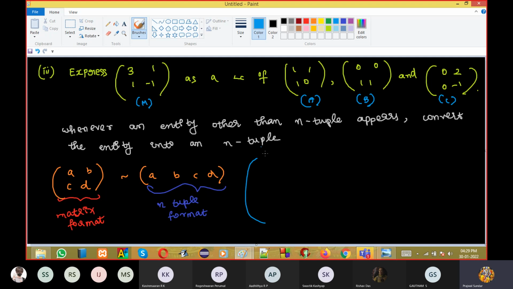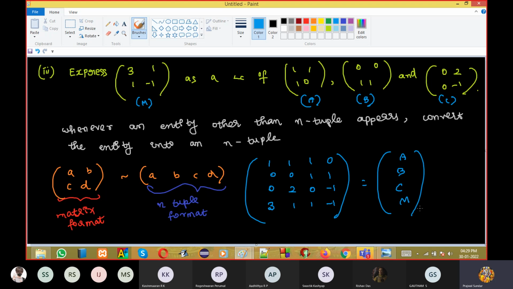So now I'll write 1 1 1 0, 0 0 1 1, 0 2 0 -1, and 3 1 1 -1. This will be A, B, C, M. Any doubt in anything? We'll discuss this more, and see one more example in ma'am's sheet.